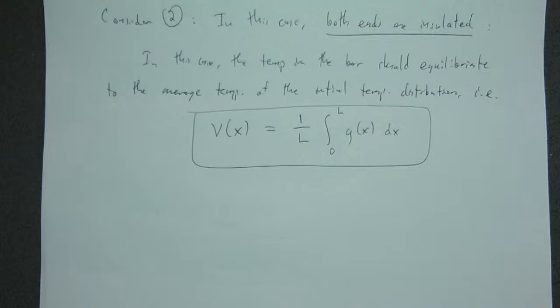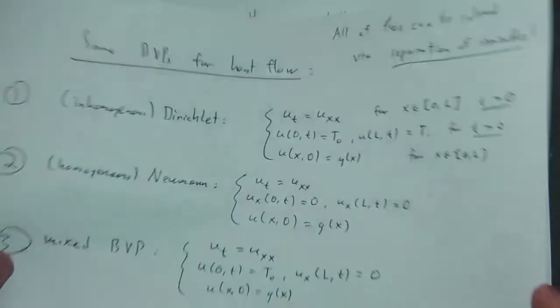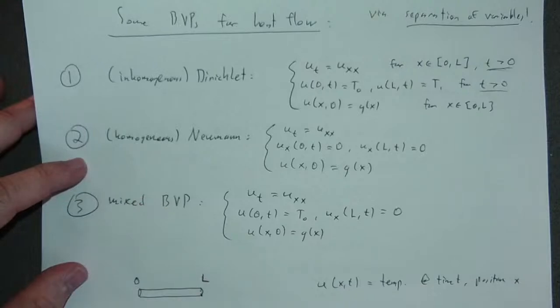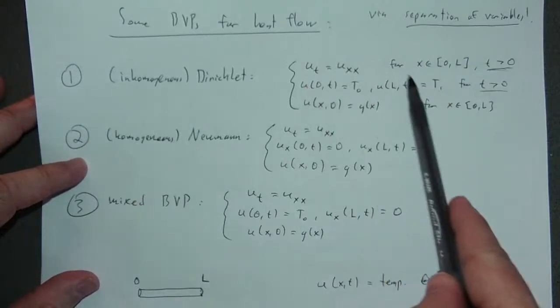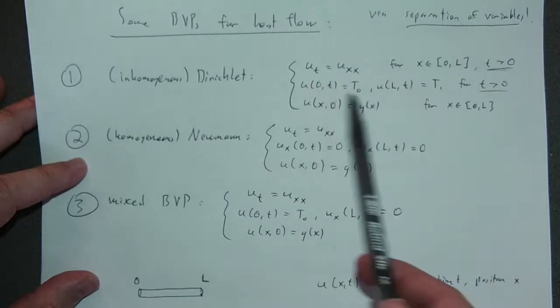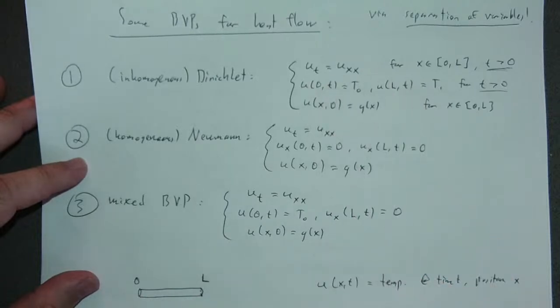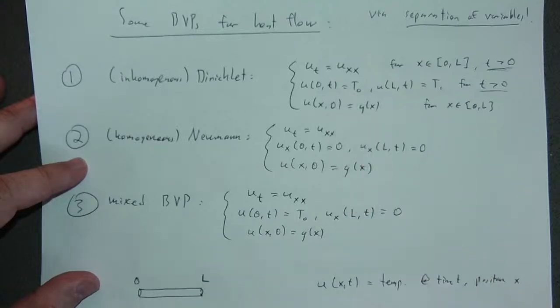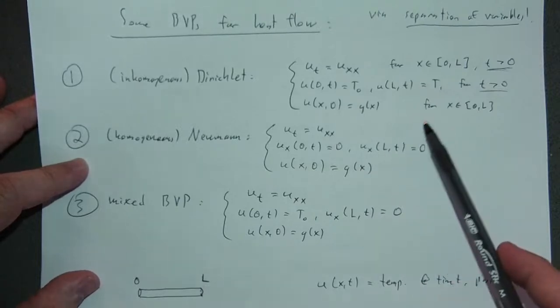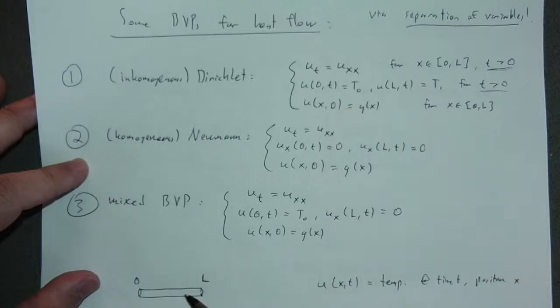So then, what about the last one, number 1? Here is the Dirichlet condition. I have different temperatures at the ends, so you could think about this bar being attached to different universes that have constant temperatures T0, T1. There's no addition or loss of heat from the initial temperature distribution.